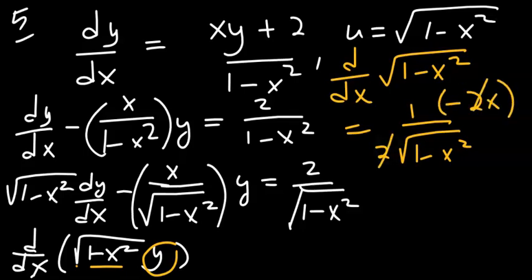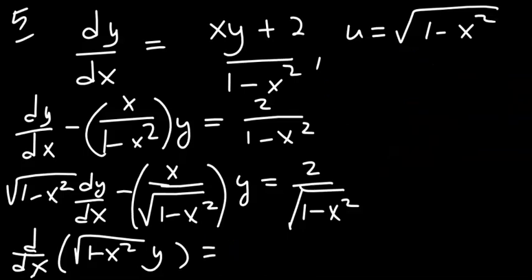The 2 cancels and it will give you exactly that term. So you see the left-hand side is indeed the exact form as written here. The right-hand side is 2 over square root 1 minus x squared. Now we can integrate both sides easily.